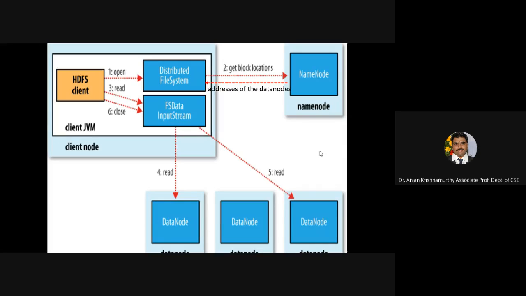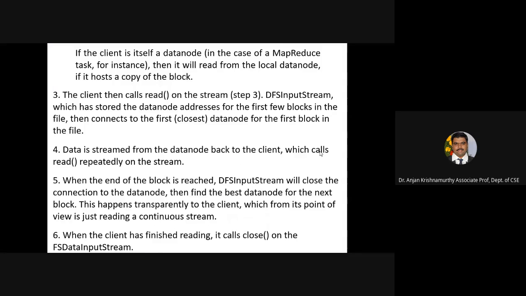And you can also see an elaborate step where we are trying to get the addresses, where we are trying to find out which data node, where the data blocks are located, is closest to that particular client node. These are things we were trying to do in the last class. Also, a very important thing is that whenever the file streams are completed with the reading and other things, you should close them with the close call.